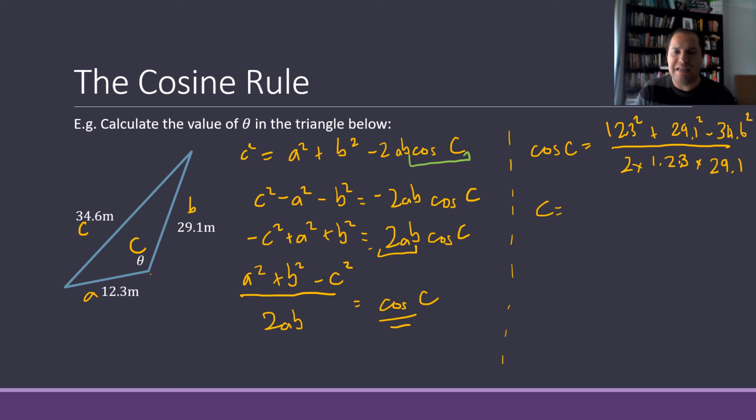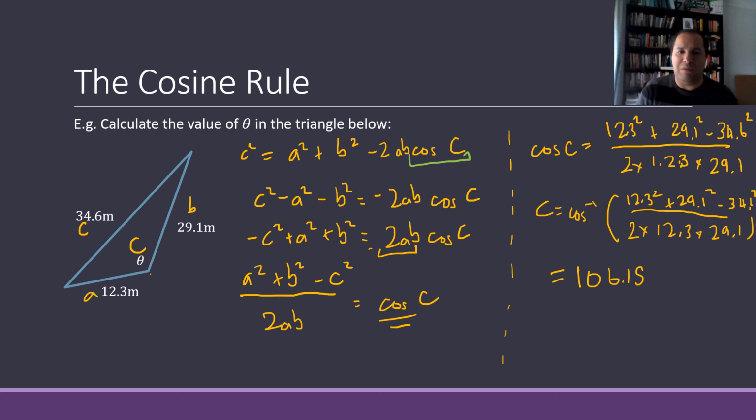And so C is just going to be the inverse cos of that number, 12.3 squared plus 29.1 squared minus 34.6 squared, all over 2 times 12.3 times 29.1, and as an angle that gives me 106.15 degrees for that obtuse angle, which according to our diagram here, and if the scale's right, looks reasonable.